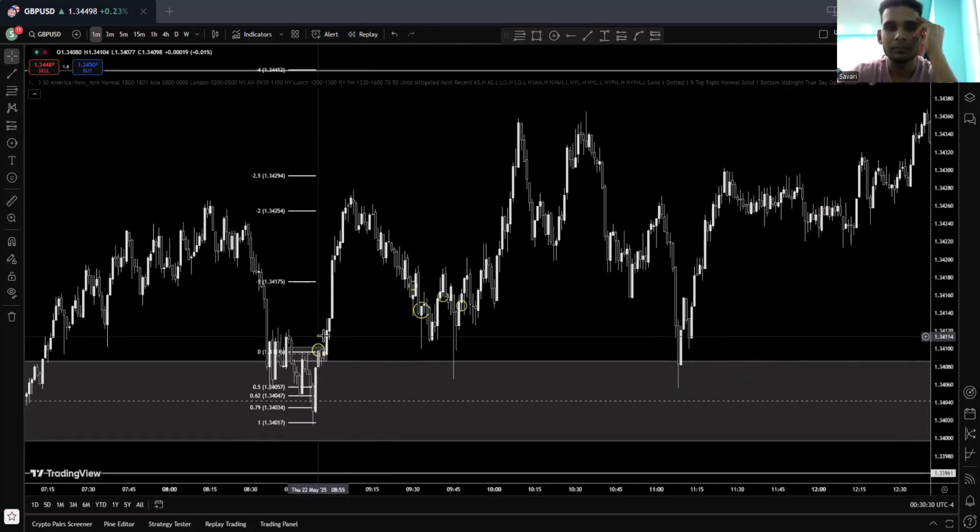This 3 minutes level here, holding the price, engineering the liquidity, swept again, started displacing higher.